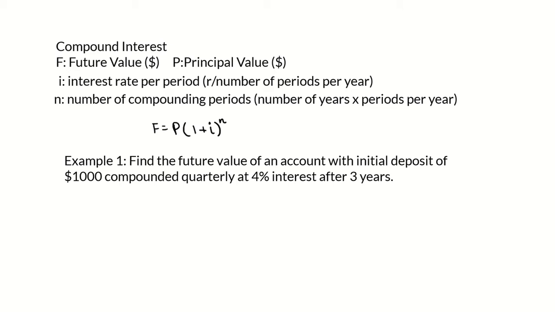Example 1: find the future value of an account with initial deposit of $1,000, compounded quarterly at 4% interest after 3 years. So $1,000 is the principal amount, and we want to find F, the future amount. Compounded quarterly means 4 times per year.